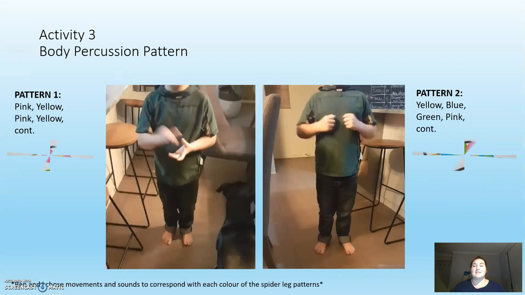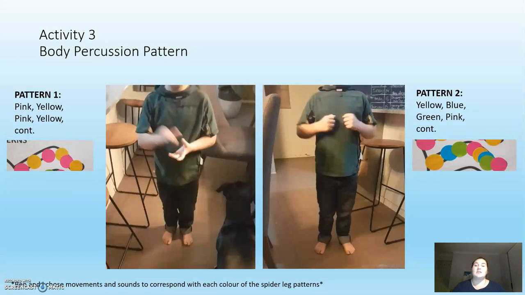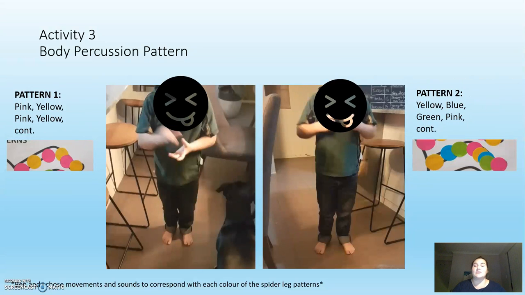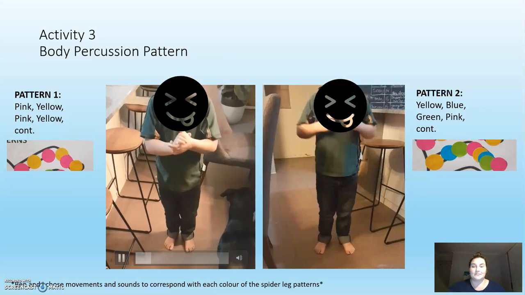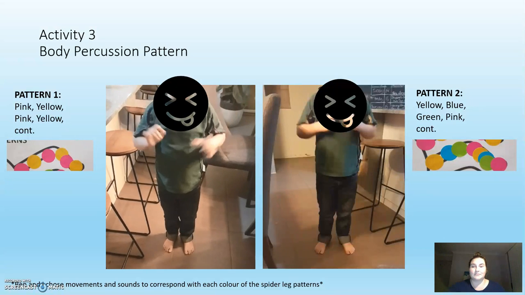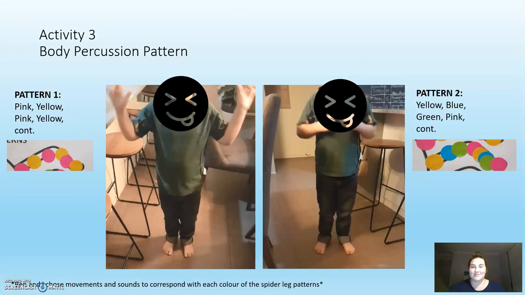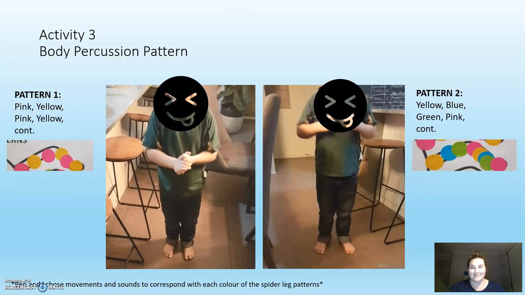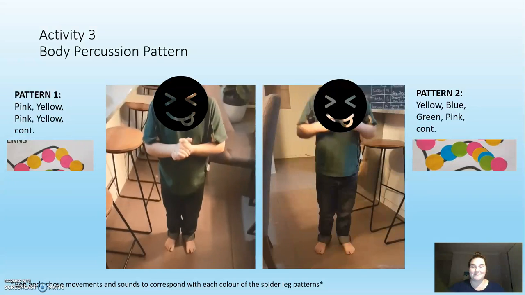So for my final activity, we decided to change the colour of the stickers into different sounds to create body percussion patterns. Ben chose the first pattern to be following the pattern of pink, yellow, pink, yellow, pink, yellow. He chose the corresponding sounds and created this pattern.